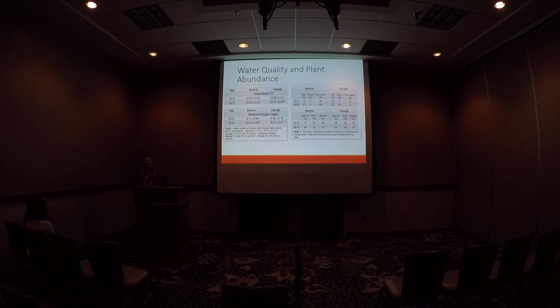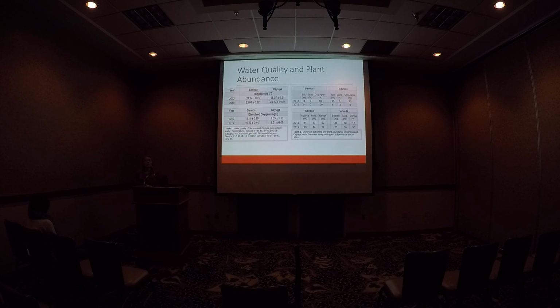Okay, so again, we looked at temperature and dissolved oxygen at these sites, which was done in 2012 as well. We found that there has been a significant decrease in water temperature in both Seneca and Cayuga Lake since 2012, which could just depend on the year or on an overall change in the community.